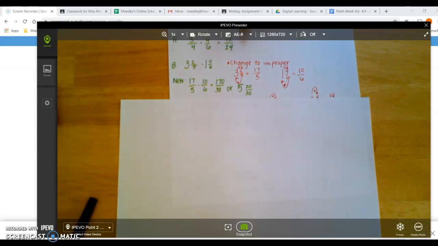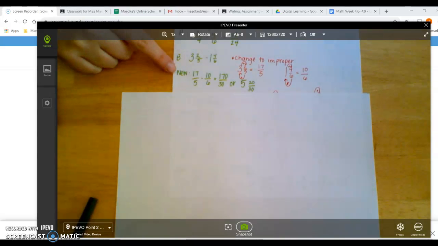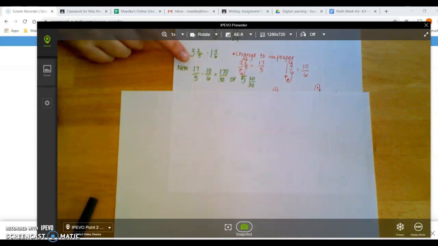My denominator stays the same to get 17 over 5. My next one, I have 1 times 6 is 6 plus 4 is 10. So I get 10/6. My new fractions that I'm going to multiply together now are 17/5 times 10/6.